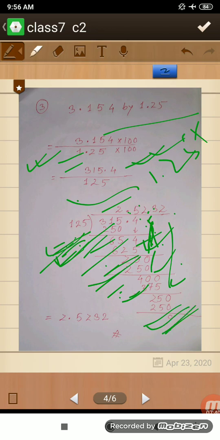Here you are getting the answer, 2.5232 will be the answer.